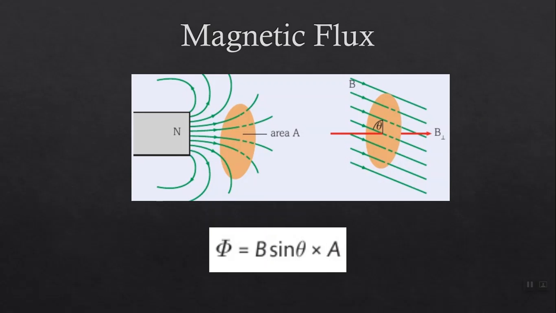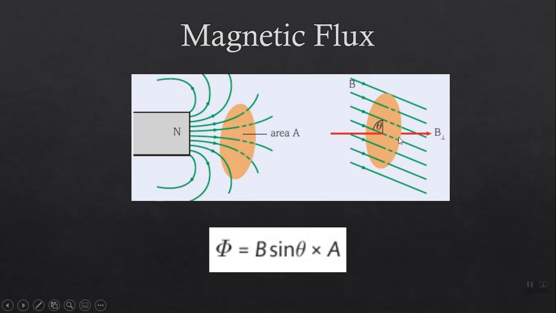Okay. Now I mentioned earlier that perpendicular idea. So here you can see that the magnetic flux lines are not perpendicular to the area that we are considering. They are at an angle theta. So we have to resolve them.